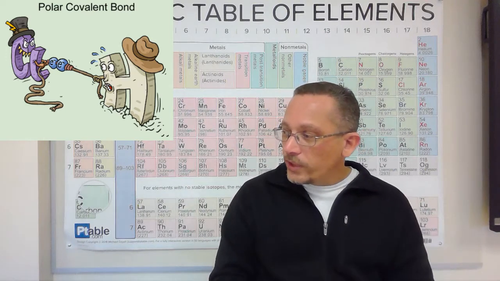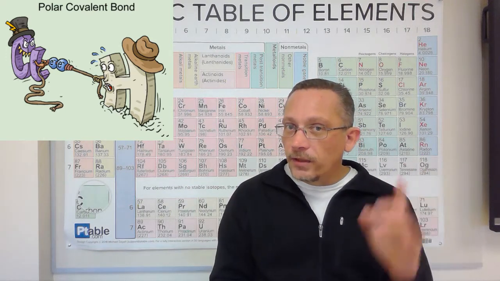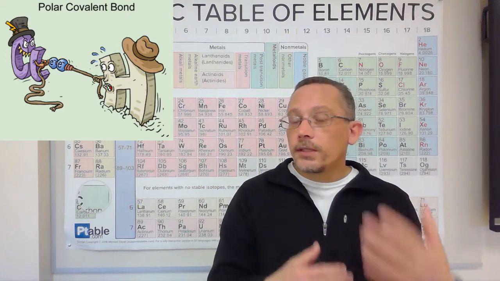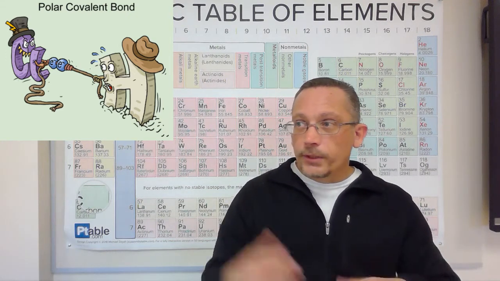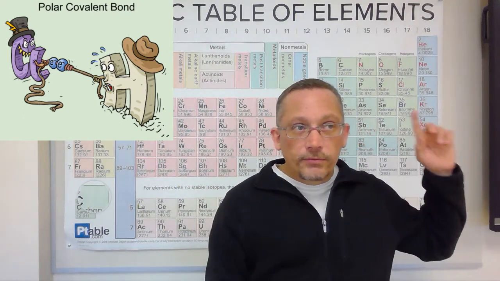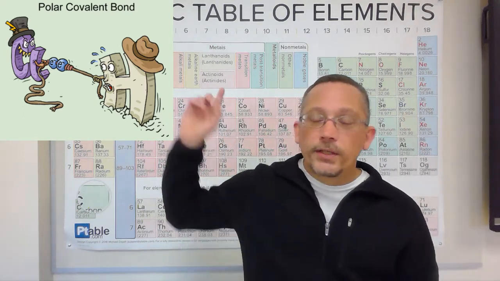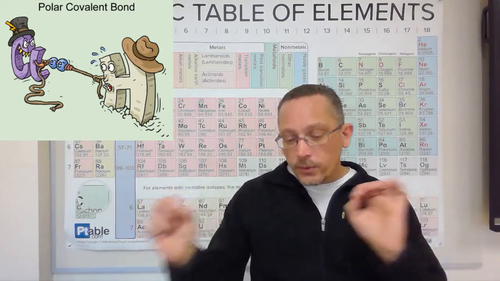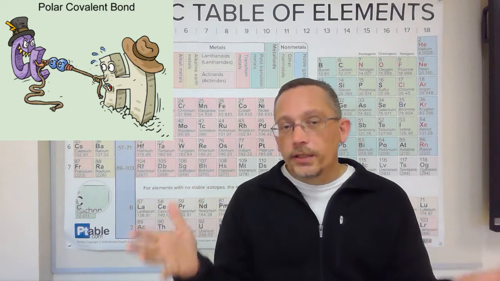And when we talk about the strength, what we're talking about is the electronegativity. And we'll have a chart somewhere where we can look up the electronegativity of a particular atom, right? So I can look up the electronegativity of chlorine, and I can look up the electronegativity of hydrogen, and I can see that chlorine has a higher one. So when they share electrons, they won't be shared evenly.